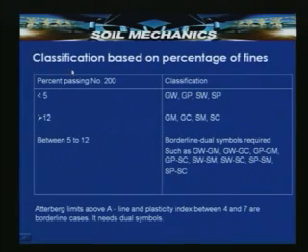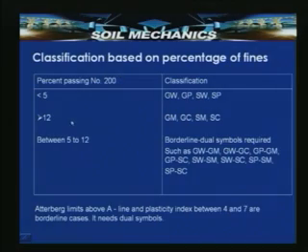Now, look into the classification based on the percentage of fines, the percentage passing number 200 sieve. For example, while discussing relative density test, we said that if the fines are more than 12%, then different field density criteria are required to be used.